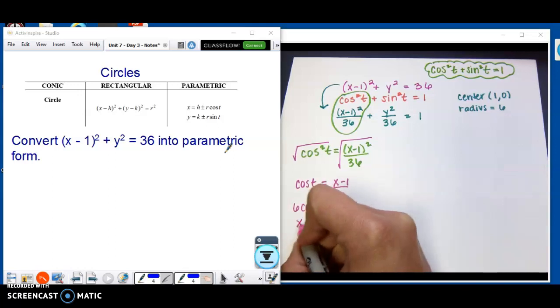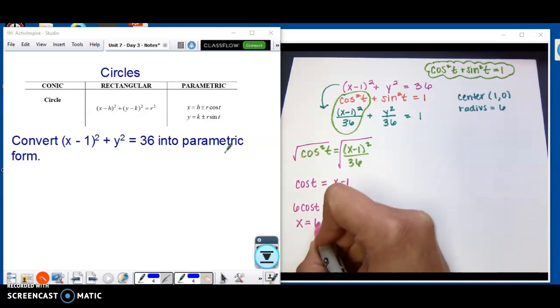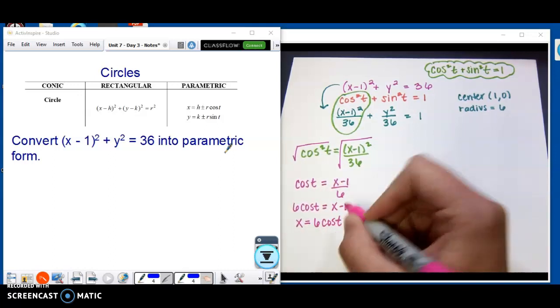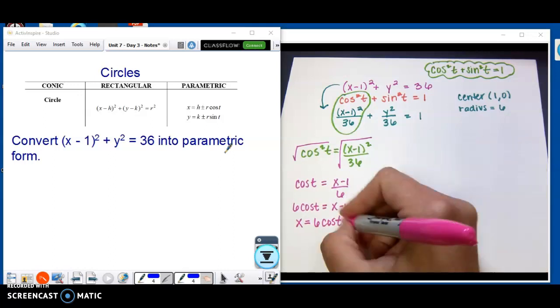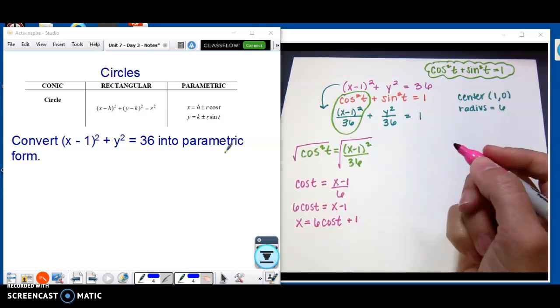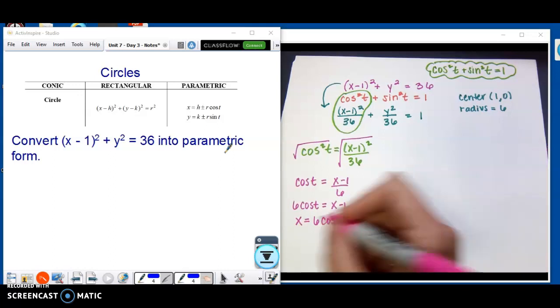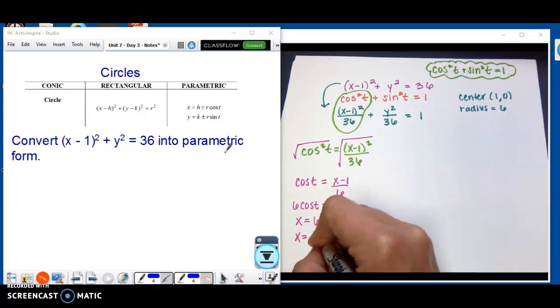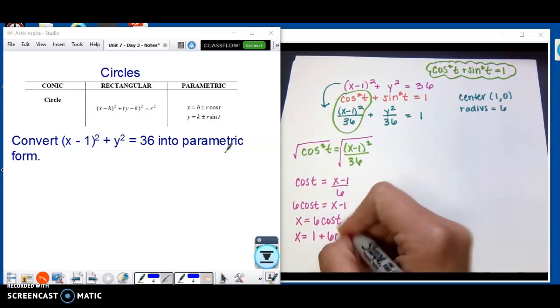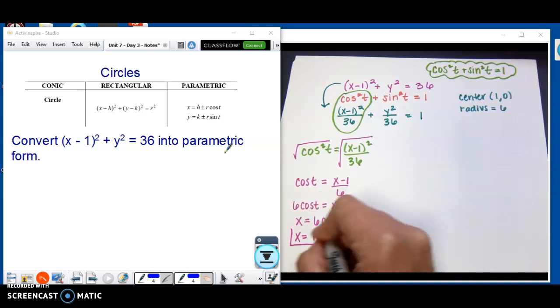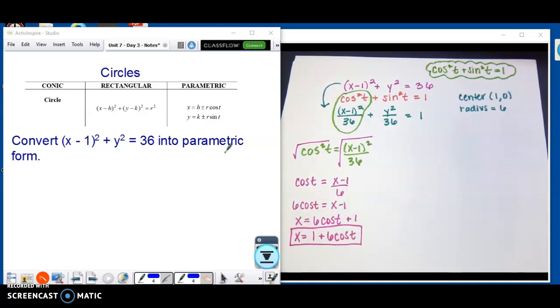If I want to get x by itself, we would just add over the 1. So 6 cosine t plus 1. A lot of times the 1 gets written in the front, but either way is fine. So this is my x equation for my parametric equation.